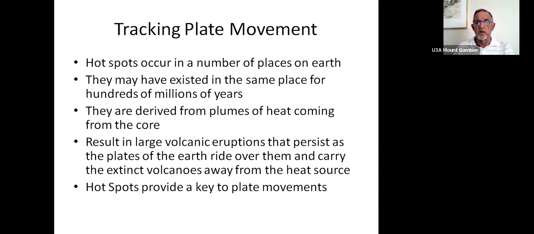They're caused by plumes of heat coming from the outer core, the liquid core of the Earth, and they result in large volcanic eruptions that persist as the plates of the Earth ride over them. And they carry the extinct volcanoes away from their heat source. So they provide this key to plate movement.